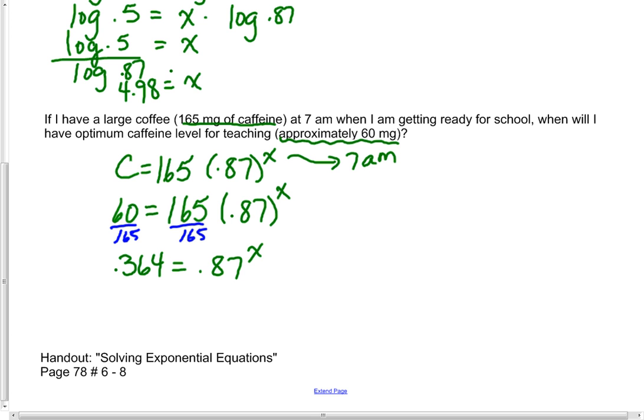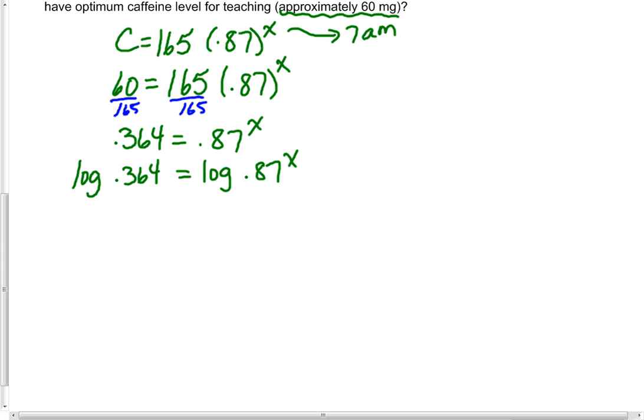If I want to solve for an exponent, using logs is always so beautifully accurate. I would take the log of both sides. Our rules of logs state I can bring down the exponent, x times log 0.87.